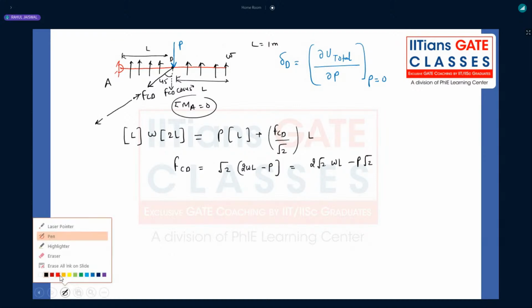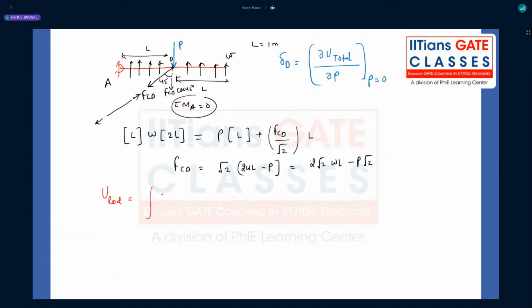Now, what we can write is the strain energy in the rod. That can be written directly as F_CD square into the length of the rod divided by 2AE, because that is not a function of x.